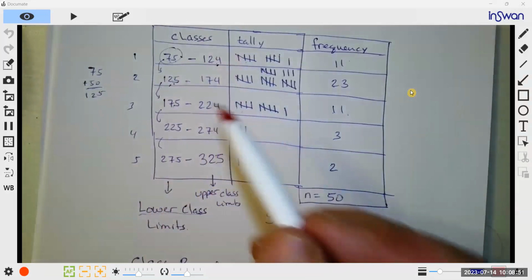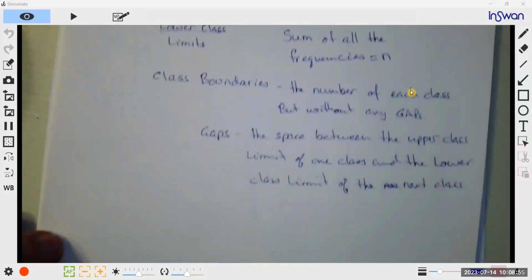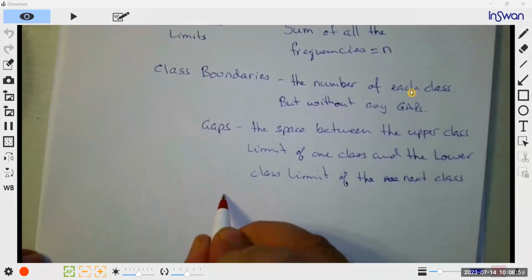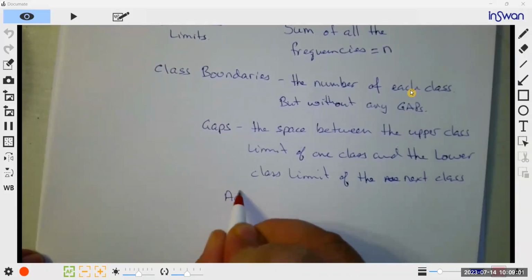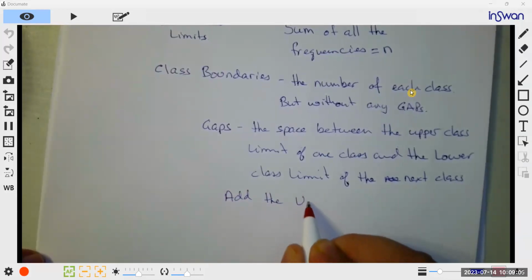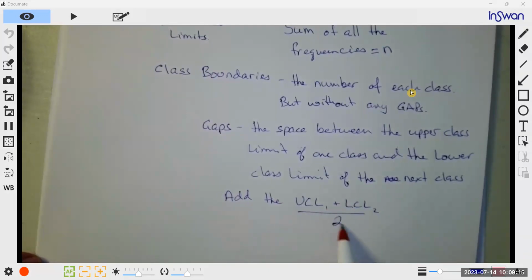So what we have to do is make them all continuous. To make them all continuous, add the upper class limit of one plus the lower class limit of the next one and divide by 2.